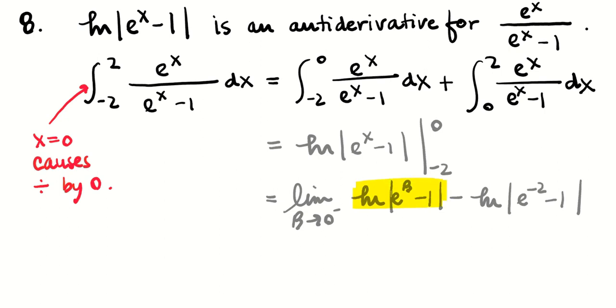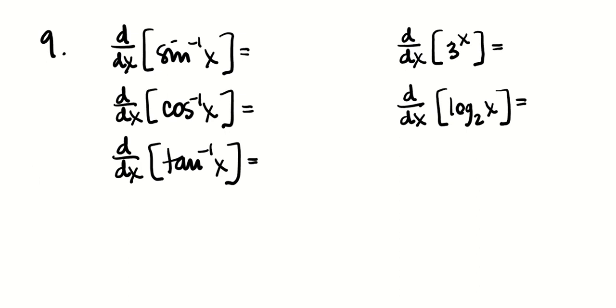This limit right here does not exist, because the closer that b gets to 0, the closer I get to taking the log of 0. Log of 0 doesn't exist. And so that limit fails to exist, so the integral diverges, and so that would be answer choice D. Because the limit of the antiderivative doesn't exist, that's why the integral diverges.